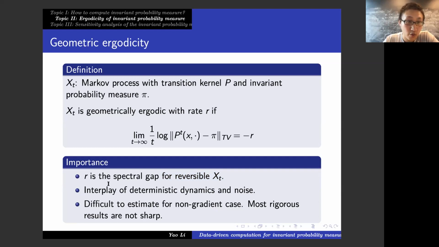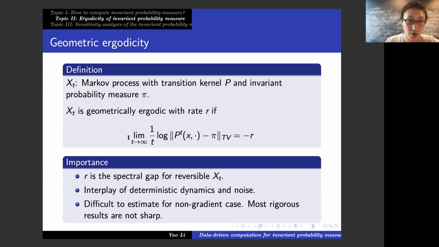But if it's not reversible and you work on the L infinity space, then there are some problems. Sometimes you may have a spectral gap in L infinity, but the ergodicity may be different. I forgot the result, but I remember that L infinity is a little bit different from L2.